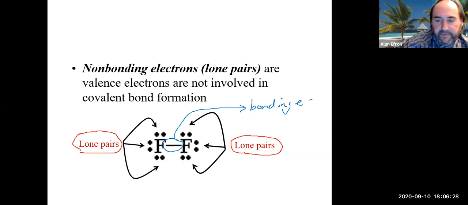So the electrons that are being shared between atoms are bonding electrons. Electrons that are not involved in a bond are known as non-bonding electrons, or lone pairs. You should always include all those types of electrons in your pictures when you draw your Lewis structures.